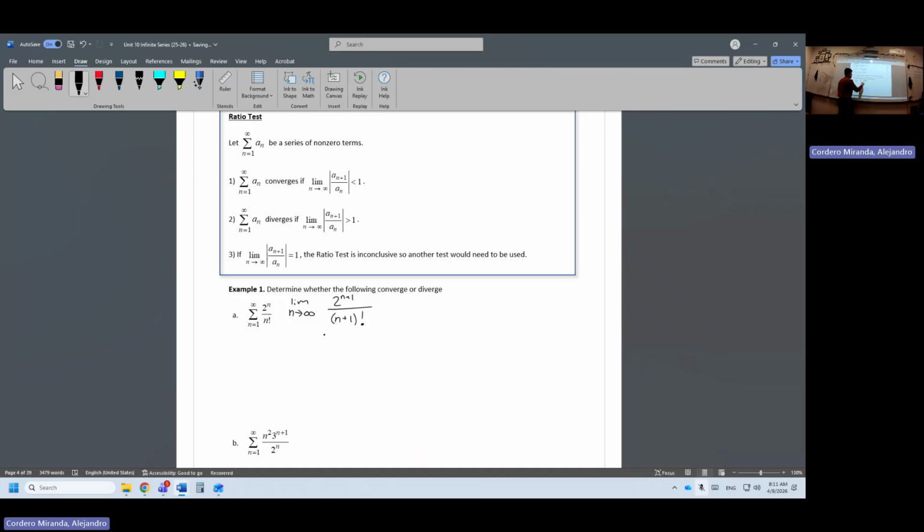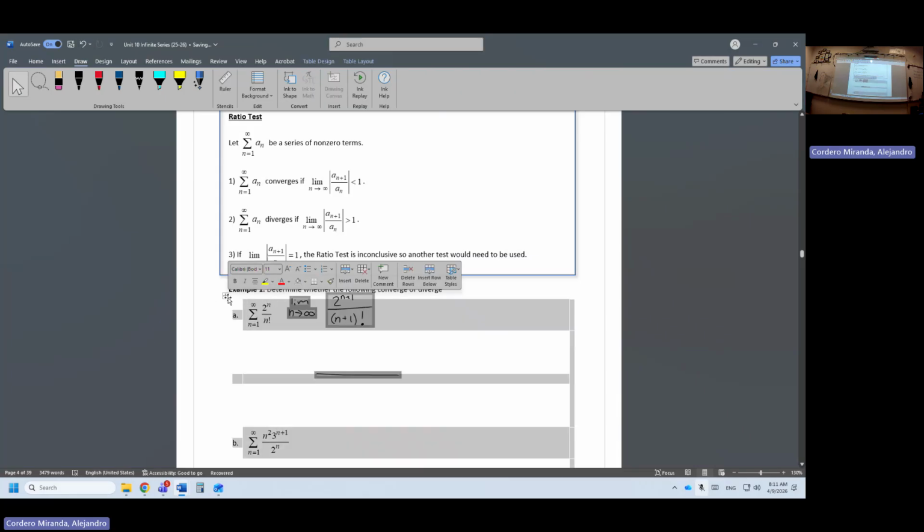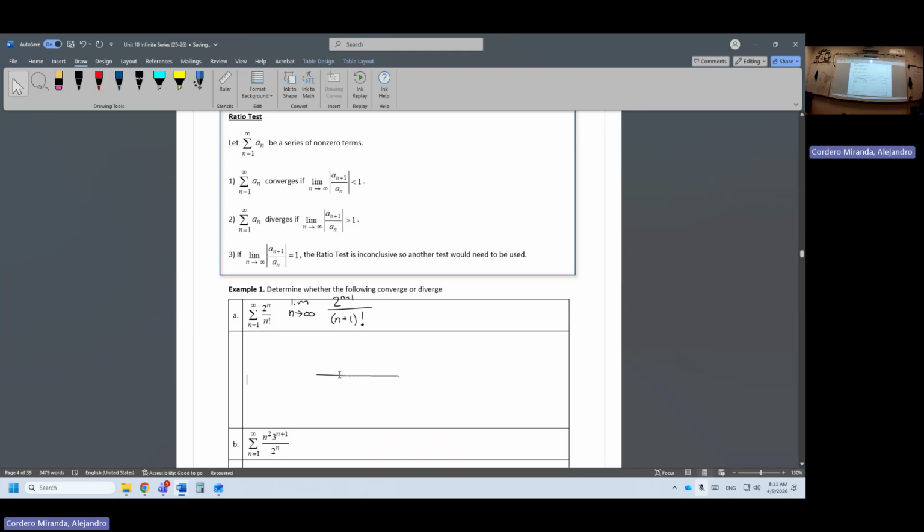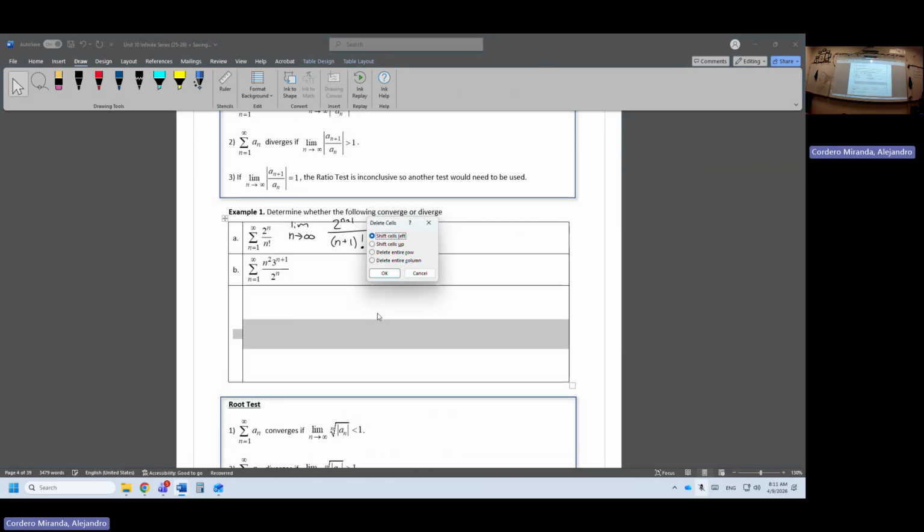And then that's over the, oh my goodness, okay, sorry, one sec. All these tables. That's over the original sum, like the thing that you see right here, that'll go over that. All borders, so I can see. Now I want to delete this. I want to delete this.